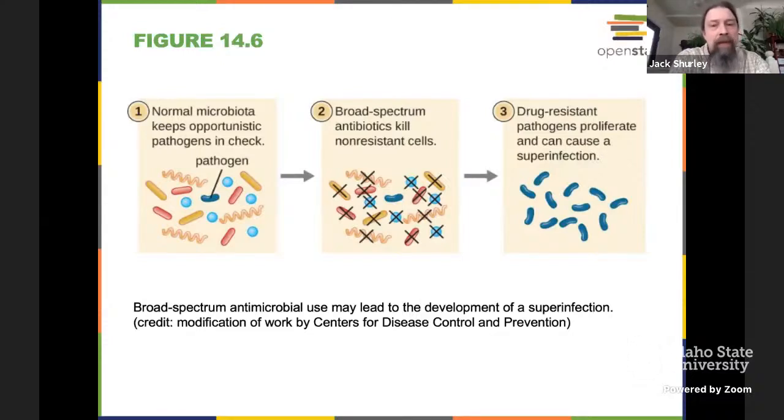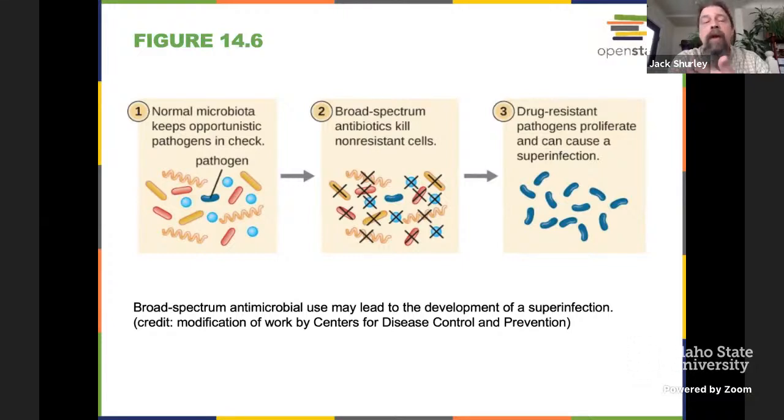And many people would say, oh, I've done that before. I felt better. Well, the issue is you've taken it, you've knocked down some of those potential pathogens a little bit to the point that you feel a little better, but maybe some of those pathogens are still there, still proliferating, and maybe some of those have a little bit of resistance within them.